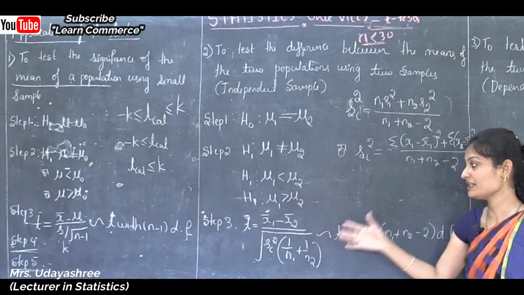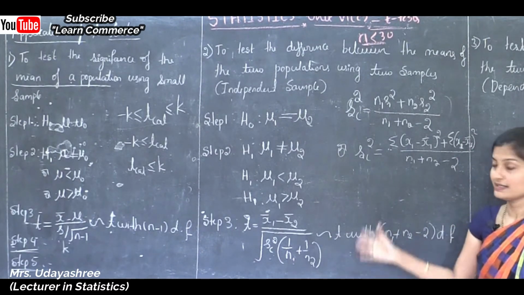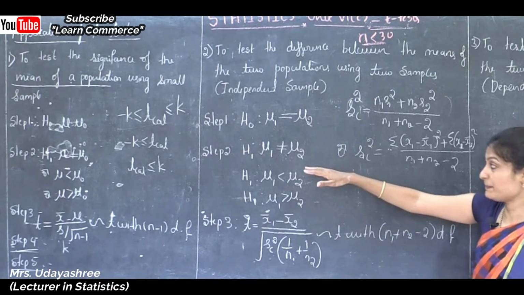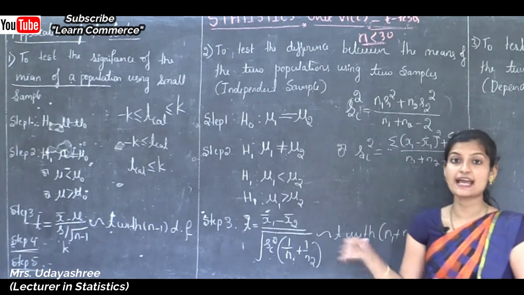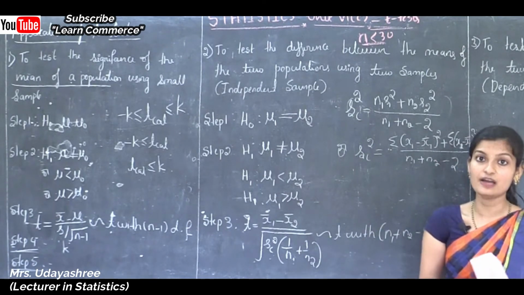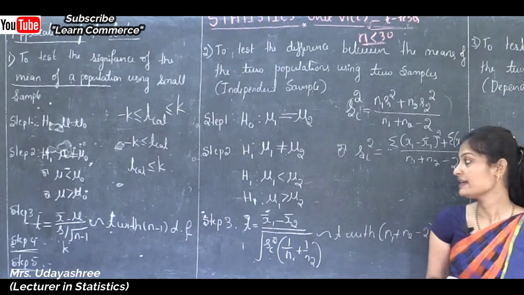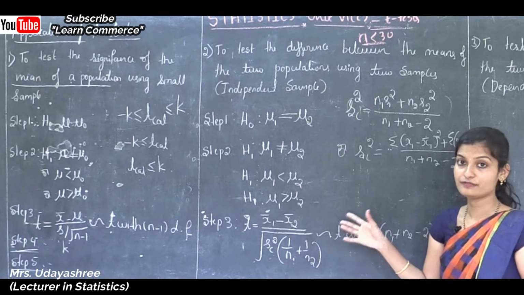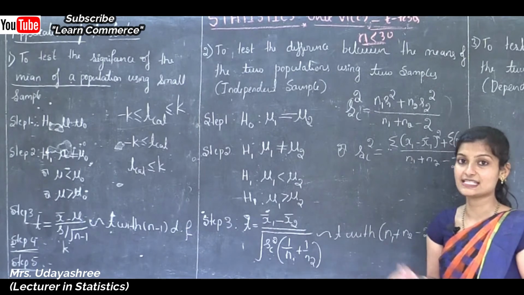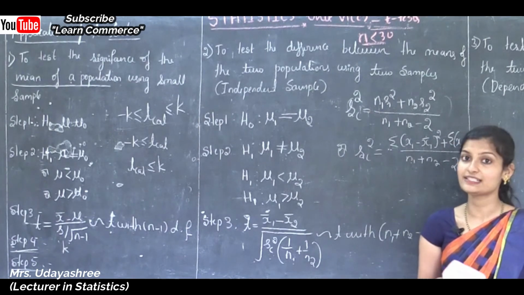Okay, this is step 3. Then step 4: depending on the alternative hypothesis and the level of significance alpha, we can find the critical value, denoted by K. Then step 5: if the calculated value lies in the acceptance region, then H naught is accepted, otherwise rejected.